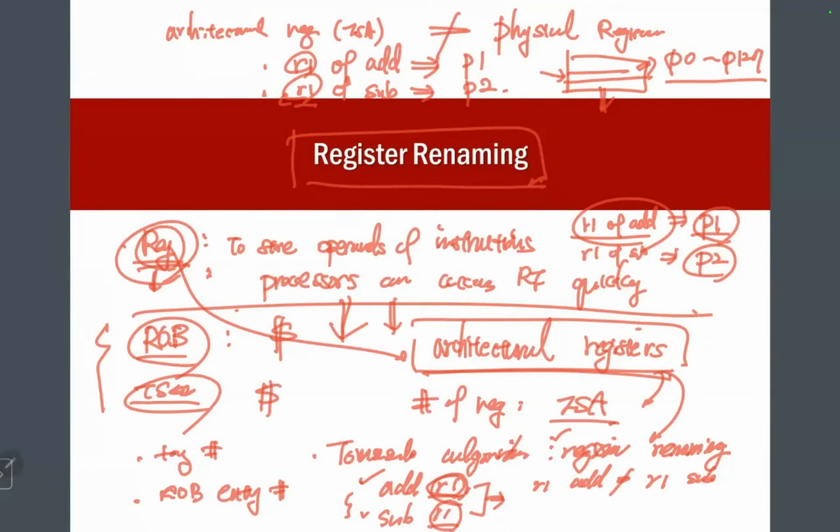Which means that the number of physical registers is larger than the number of architectural registers. Every piece of data used by instructions is stored in a physical register. But the software, like instructions, uses architectural register numbers, and the number of architectural registers is defined in the instruction set architecture manual.